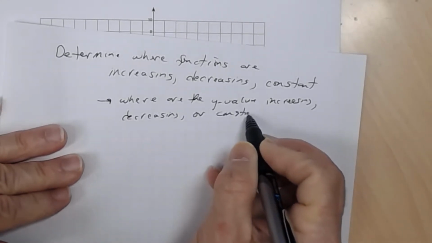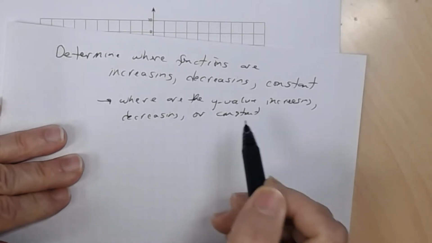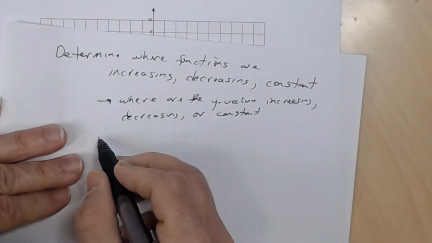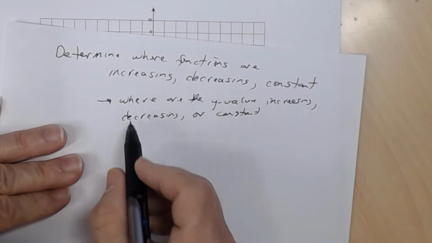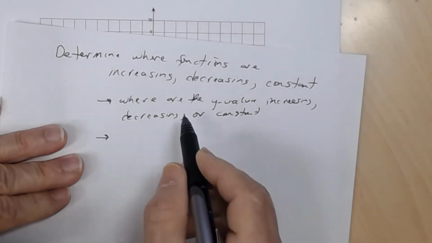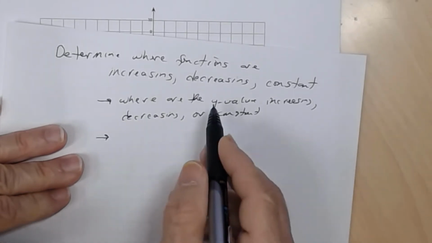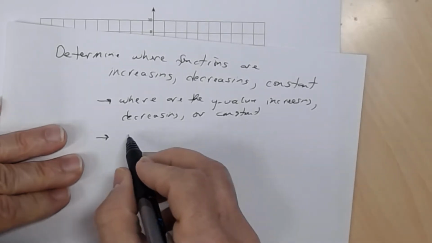You're looking at the y values, and your intervals are where those y values are increasing, decreasing, or constant.